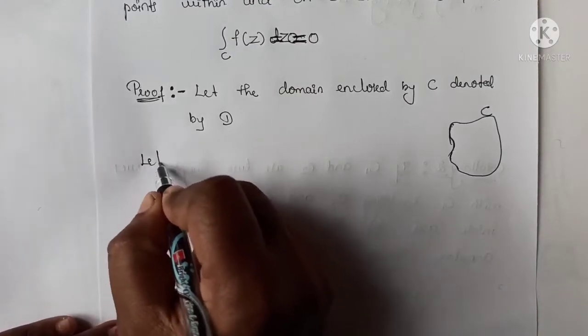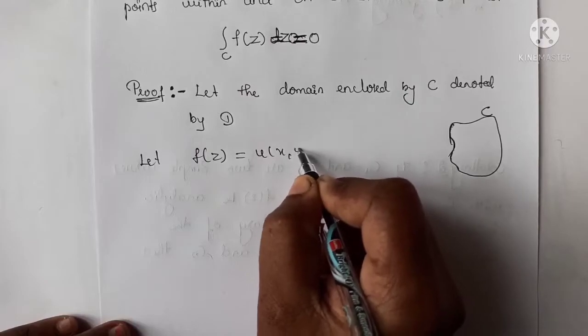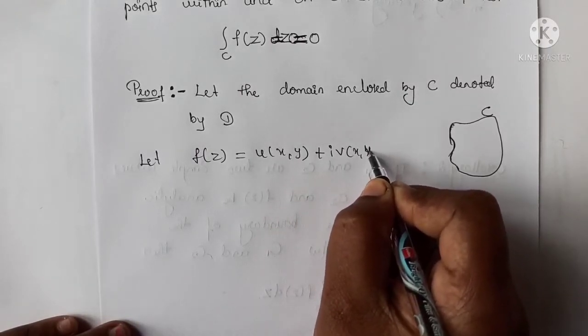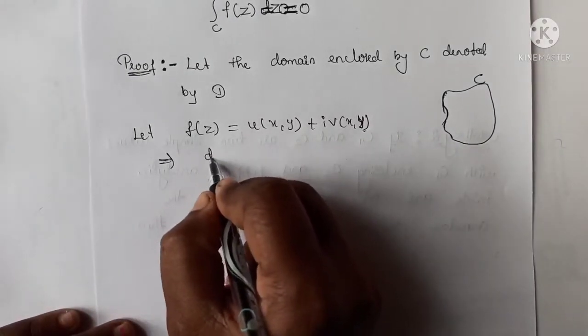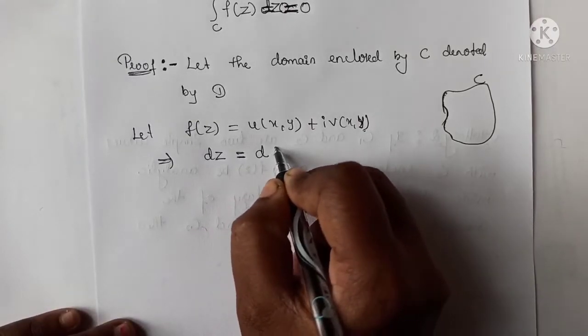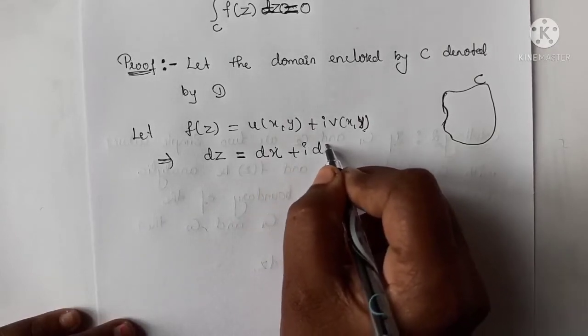Let f of z equal u of x comma y plus i v of x comma y be the given analytic function. Differentiating, we get dz equals d of x plus iy, that is dx plus i dy.